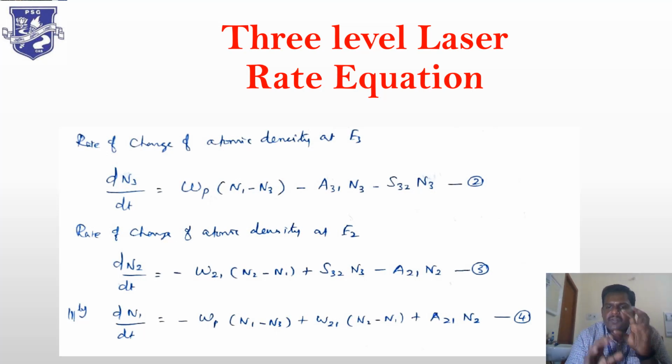The first one helps us increase the number of atoms in the E3 state. So the transitions that help increase the number of atoms in a particular state are mentioned as positive values, and the transitions that reduce the number of atoms in a particular state are mentioned as negative terms. This is the whole idea. Like that, we write the rate of change of atomic density in E1 and E2 in a similar way, mentioned as equation number 3 and equation number 4.